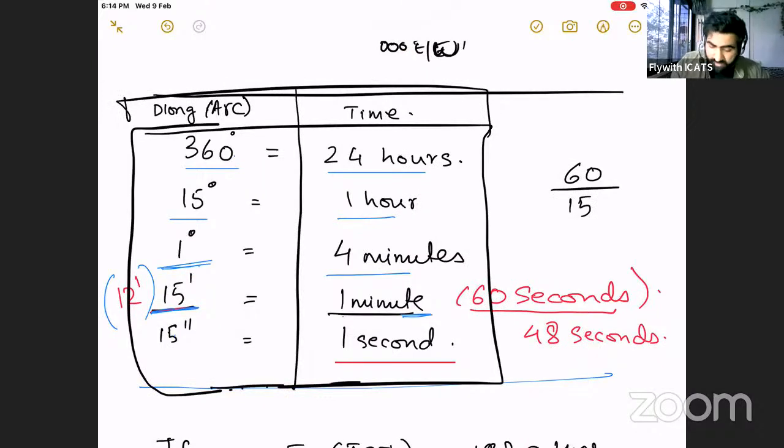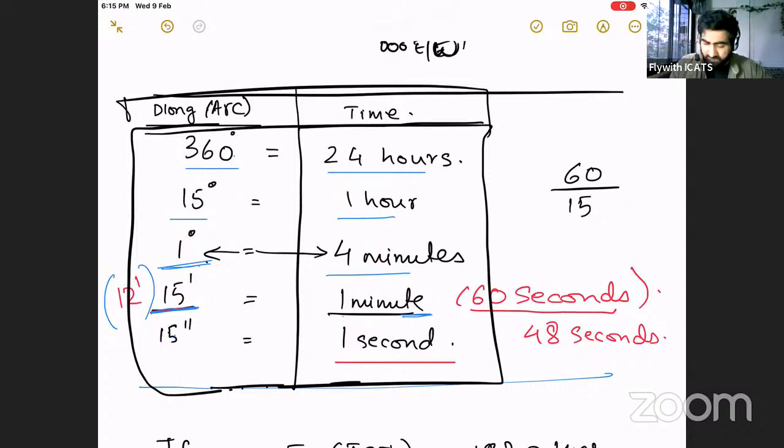Look at the title, D long or the arc. This is the arc length, D long length. The conversion of those lengths into time is this. So how do I get 1 degree 4 minutes? 1 degree of arc length is actually 4 minutes of time, because the sun takes 4 minutes to travel between two meridians that are 1 degree apart.